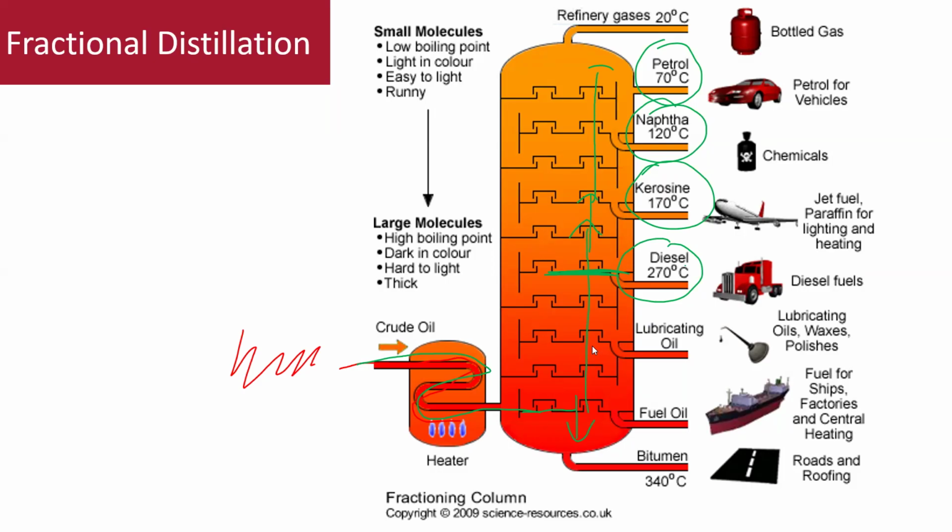It's Mr. Barden's little trick, when he talks about spaghetti. If it's got a really, really big long chain, then all those big long chains are going to wrap around each other, and they're going to have lots and lots of intermolecular bonds. That is why bitumen is very hard to actually turn into a gas, because it has a lot of intermolecular bonds.